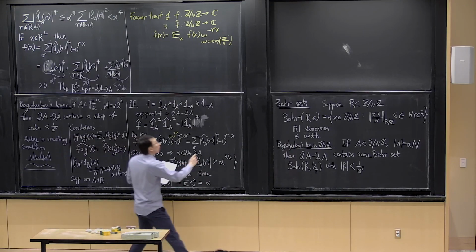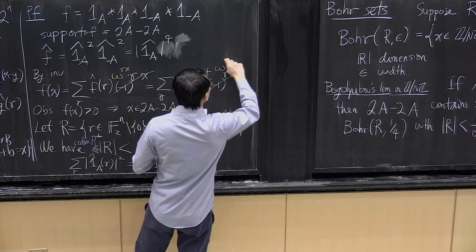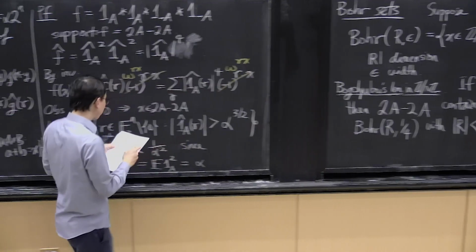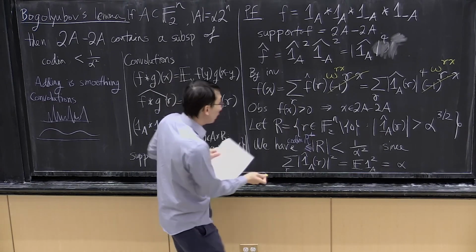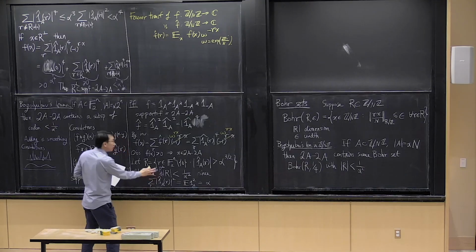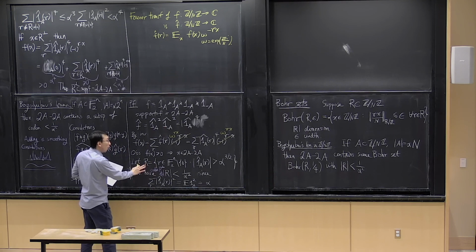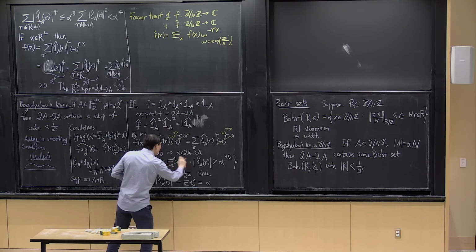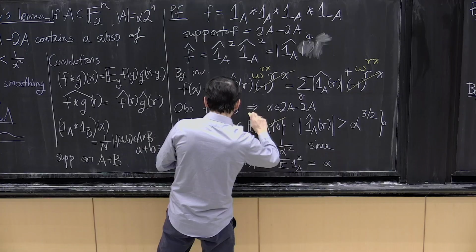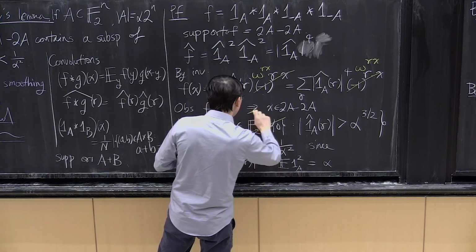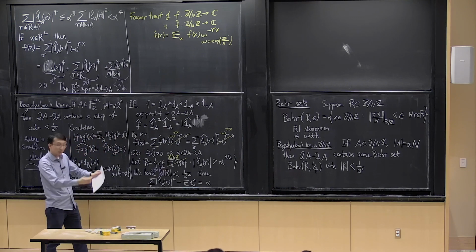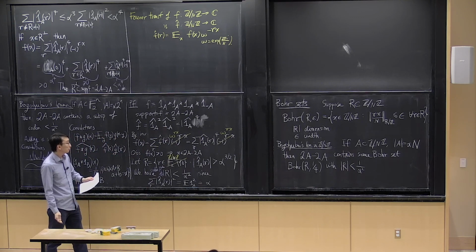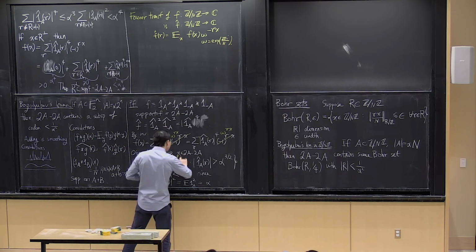Okay, great. The next part is the same, where we define R. So now we define R to consist of elements of Z mod n whose Fourier transform is large. I can take out 0.